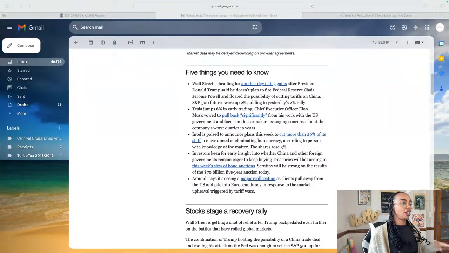Alrighty. Sorry. What was the last thing? Amundi says that it's seeing a major reallocation as clients pull away from the US and pile into European funds in response to the market upheaval triggered by tariff wars.